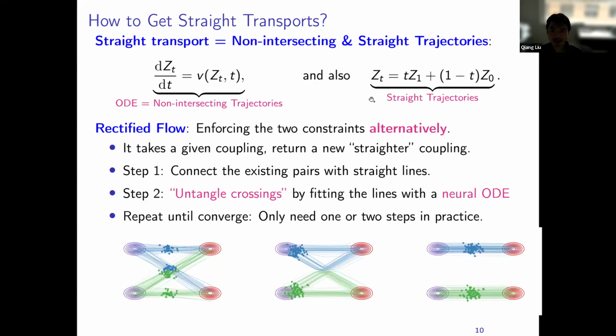Now this gives us a set of trajectories that are straight, but these trajectories may intersect because we are connecting these dots arbitrarily. So they may intersect and may not follow a differential equation. So we are going to fit these trajectories using a differential equation, a neural differential equation.